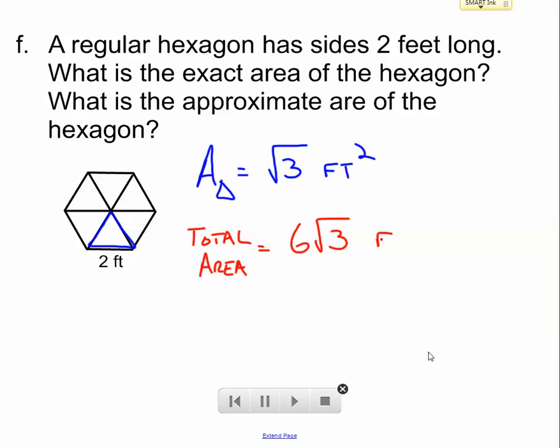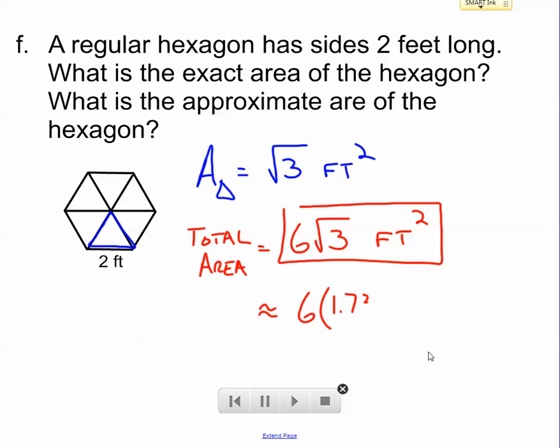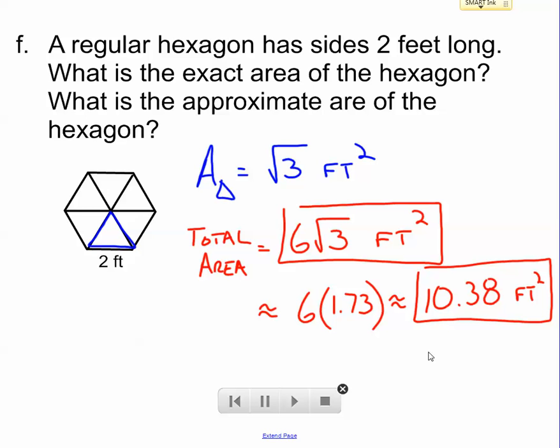That's the exact area of the hexagon. The approximate area we could find by doing 6 times the square root of 3, which is about 1.73. So that's about, using the calculator here, 10.38 square feet. Okay.